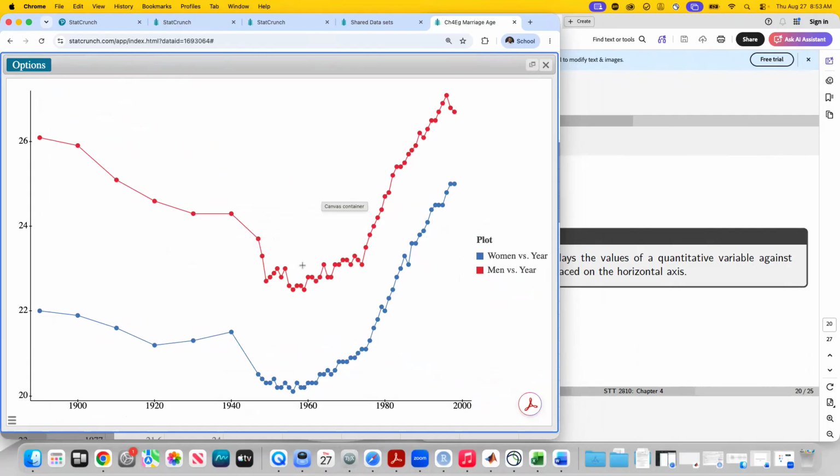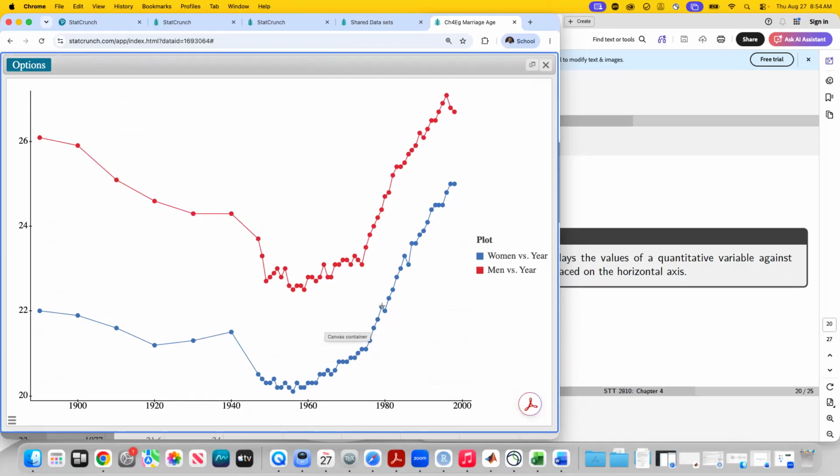But the interesting thing here is that when you look at 1900, you see the ages for women were like 22, and then along the line, it kept decreasing till 1960 thereabout. And then from 1980 thereabout, you can see even women began to marry later as compared to the previous years.